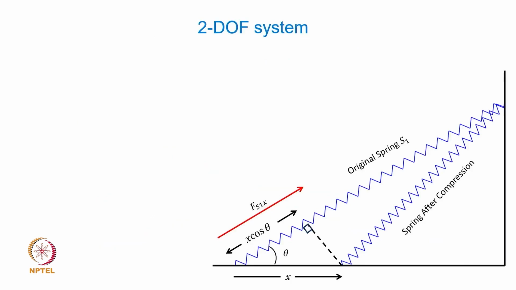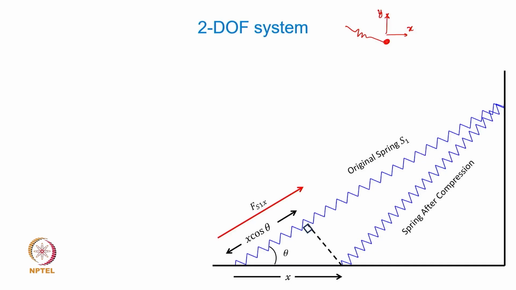Before we do that, we recall that the mass is located here, and it can move along y and x direction, but the springs are at some inclination. So, how do I define the forces?